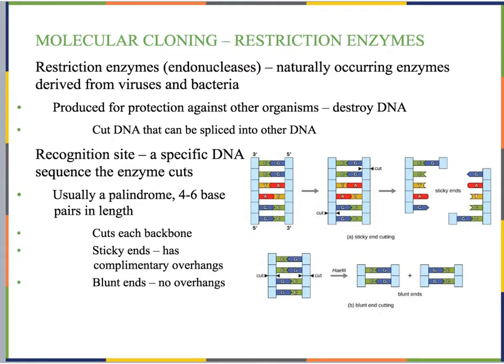So let's take a closer look at each of these steps. The first step was utilizing restriction enzymes. Restriction enzymes are also called endonucleases. These endonucleases are naturally occurring enzymes. We actually get them from viruses and bacteria. We get them from viruses because they use these enzymes to chop up host DNA so that the host DNA doesn't work anymore.